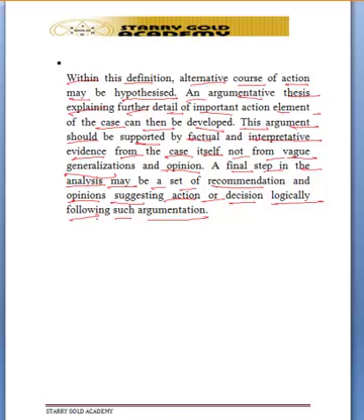And these alternative courses of action could be a bit argumentative in the sense that these are theories that may not have been implemented at all in that organization, and these are new theories that we intend to put in place. We must be able to argue for such theories. We must be able to justify the implementation of such theories. We must be able to justify the benefits accruable to the organization if such theories are implemented.